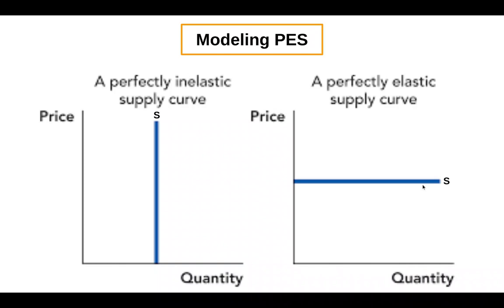And then you have a horizontal supply curve for perfectly elastic. So just something to keep in mind. It's important to keep those straight, which one's vertical, which one's horizontal, in terms of modeling, because you will encounter examples later on where the supply and or the demand curves are perfectly inelastic or elastic. And knowing how to draw them is going to be important.